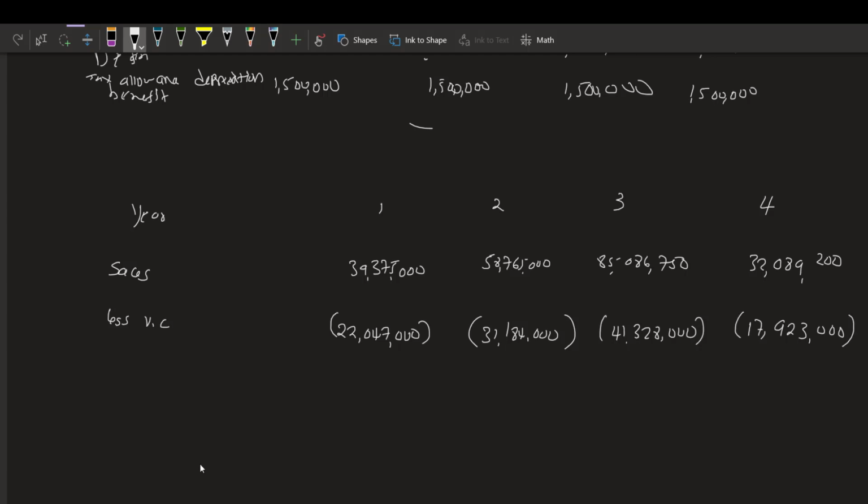That will give us the contribution. For the first year, we will have 39,375 minus 22,047, giving us 17,328. For the second year, it should be 58,765 minus 31,184.